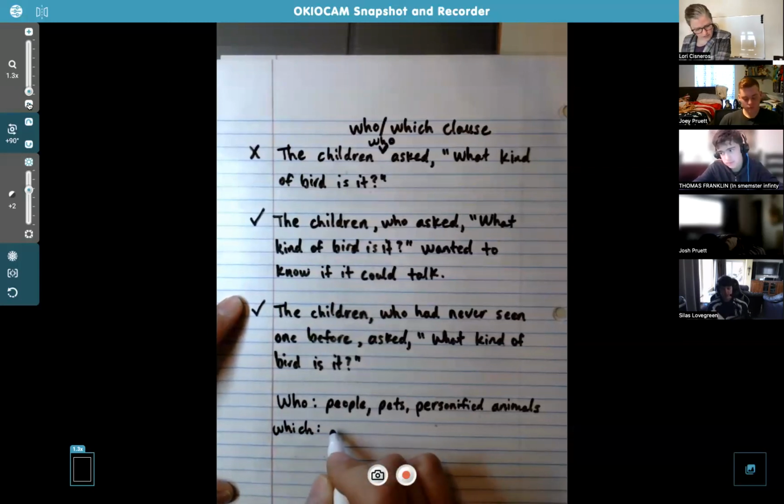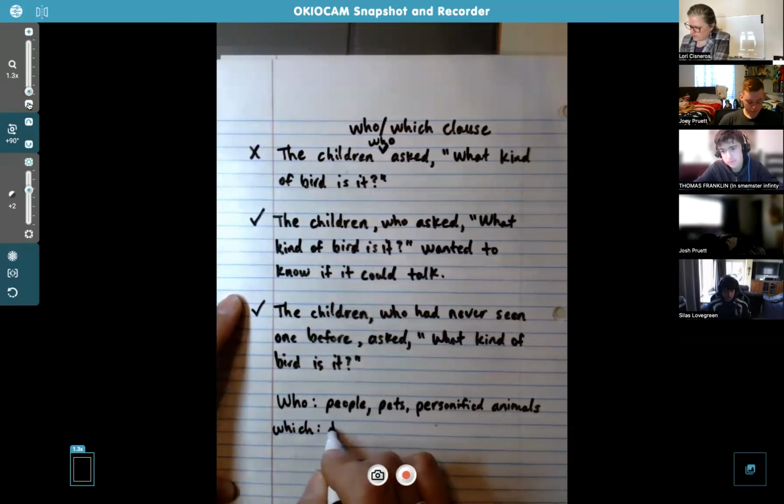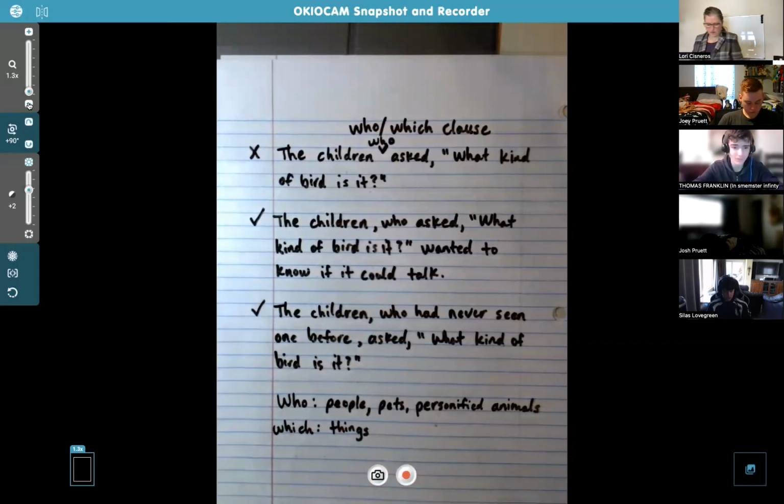You're going to use which for things. So an example of using which in this story could be maybe if you want to use it with the word feathers, if you're talking about the feathers which are powerful, or the wings, there we go, that would be even better.